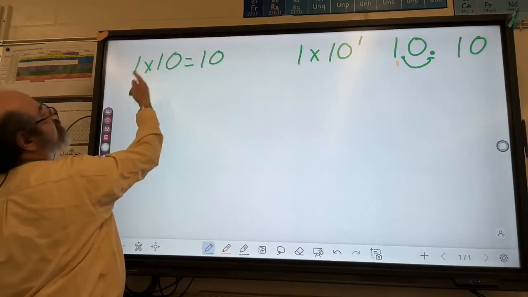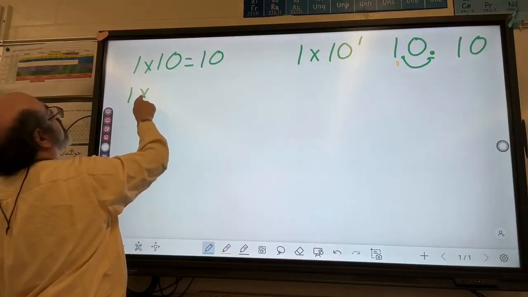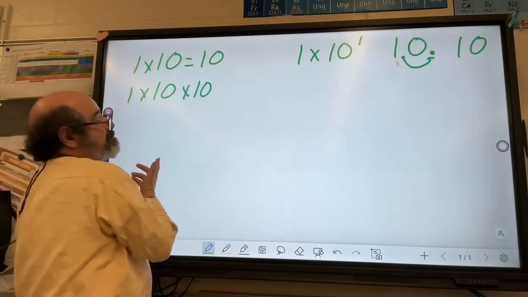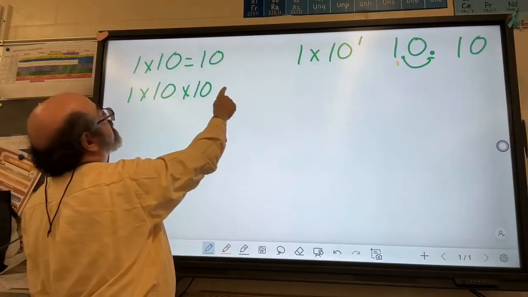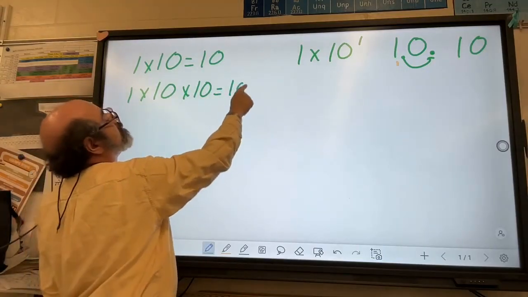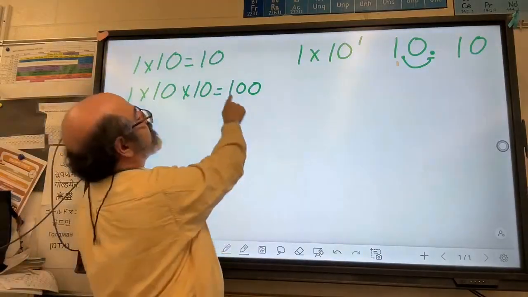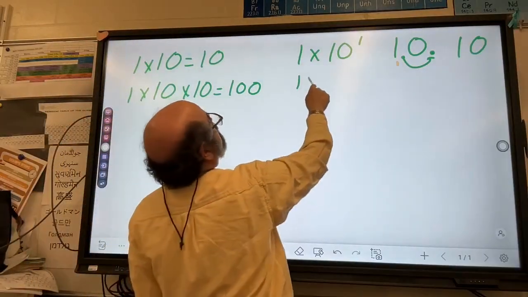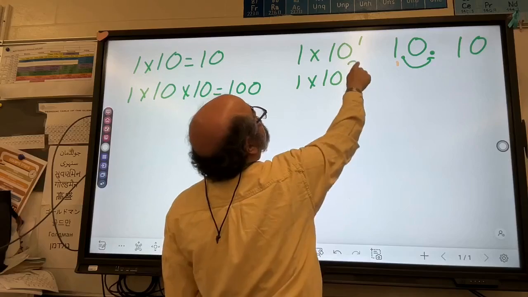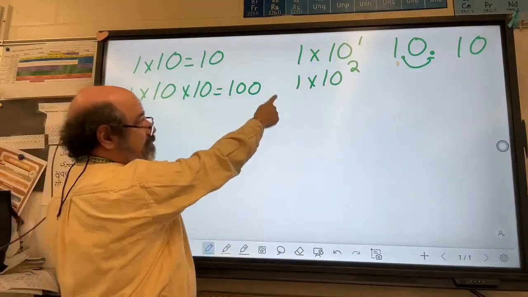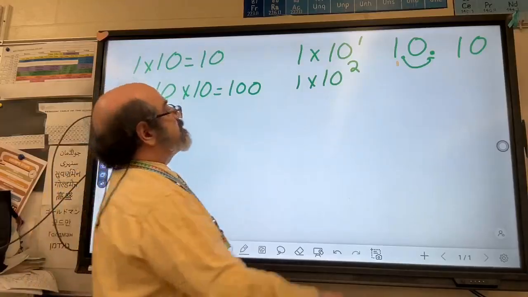Next we have the next one, 1 times 10, and we can multiply that by 10. So 10 times 10, or 1 times 10 times 10, is 100. We can also write that in scientific notation, which is 1 times 10 to the 2, which means we move the decimal point 2 places.